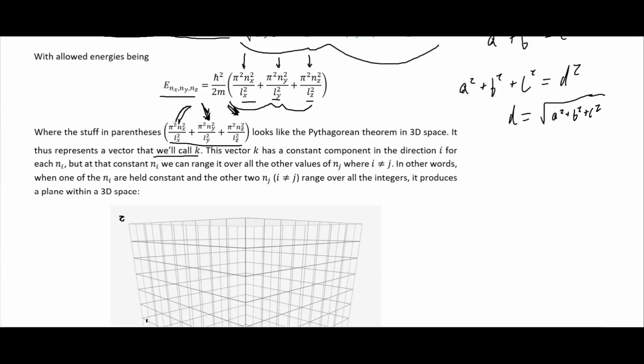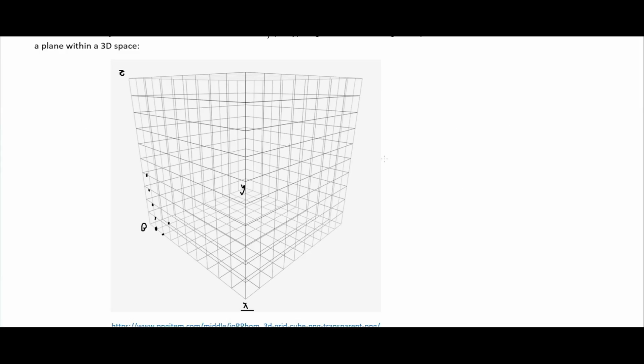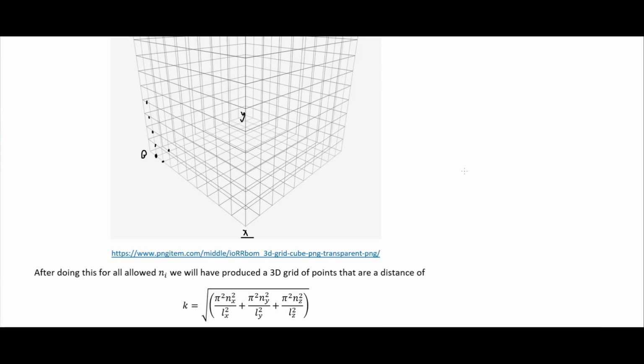Then we can increase this one by 1 and do the same thing over and over again until we end up getting all of the points here in this 3D grid.